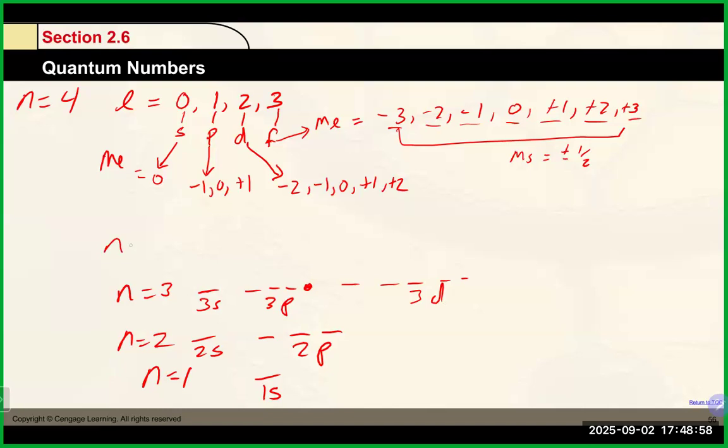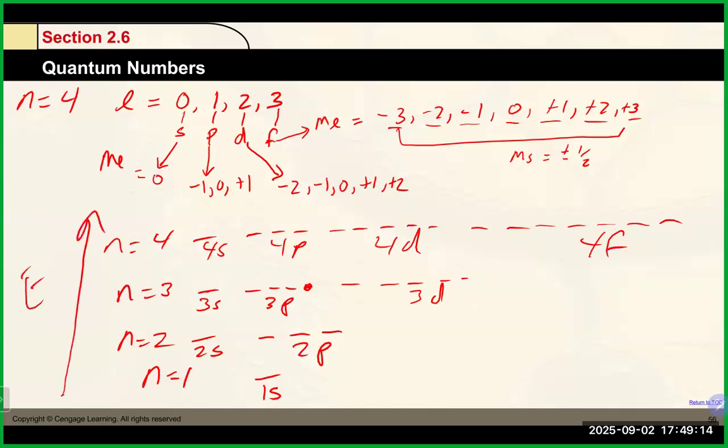And again, we get to our 4th energy level. Now we have our 4s, still our 4p, our 4d, and now our 4f starts to appear. Energy is increasing this way, and we're also getting further away from the nucleus as we continue up our energy levels. Electrons are filled from lowest energy levels to highest as well.